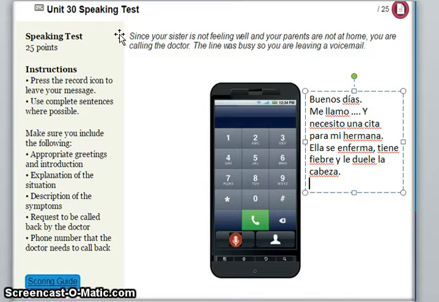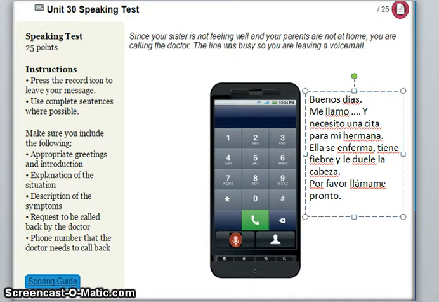And then it says request to be called back by the doctor. So this would be a great way to throw in a command. So we want to say, please call me back. Por favor, llámame. So please call me, and I'm going to put pronto. I'm going to say soon. Please call me soon. So that takes care of that. And then our phone number.